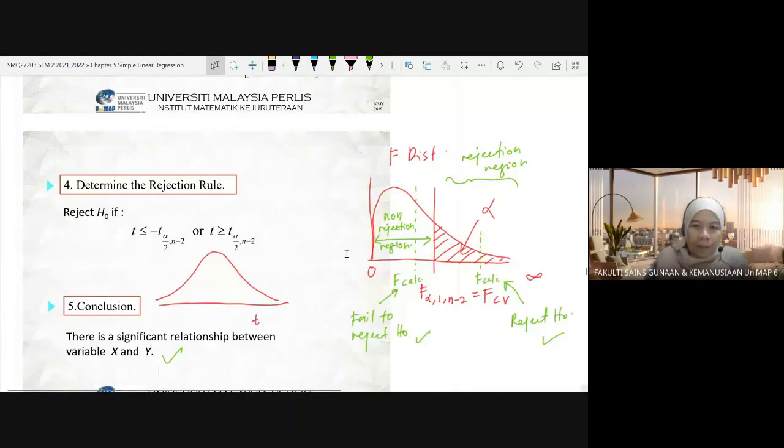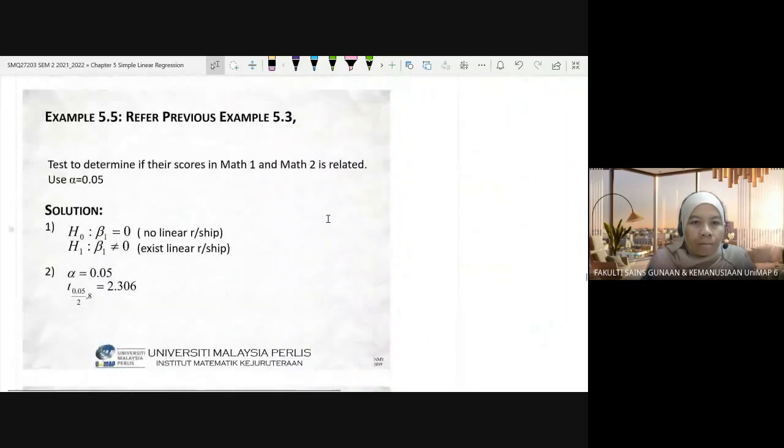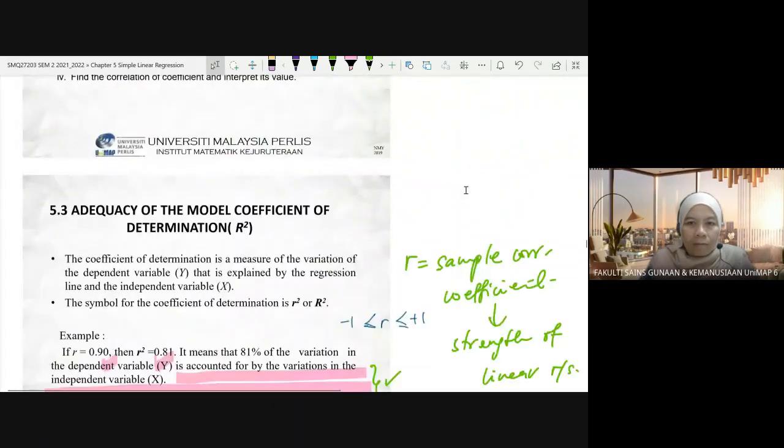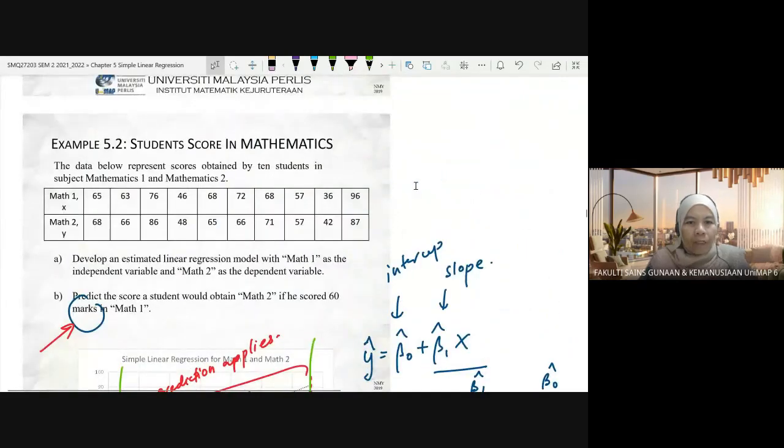Now let us look at one example. We have our scores in Math 1 and Math 2 from last time. We discussed this last time.